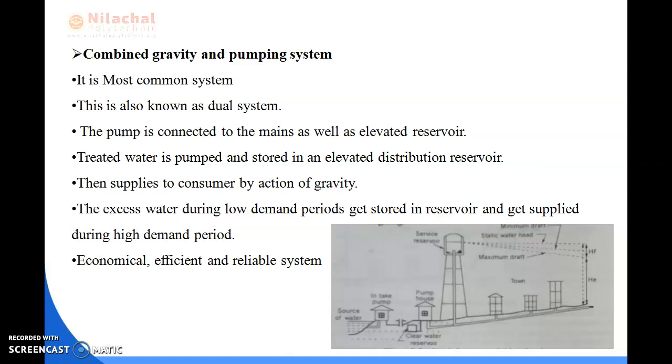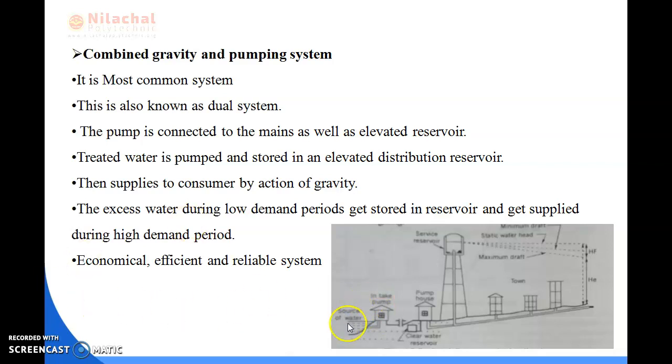Treated water is pumped and stored in an elevated distribution reservoir, then supplied to the consumer by the action of gravity. The excess water during the low demand periods gets stored in the reservoir and gets supplied during the high demand. It is economical, efficient, and a reliable system. So mainly this system is being used in our city, and it is also known as a dual system.